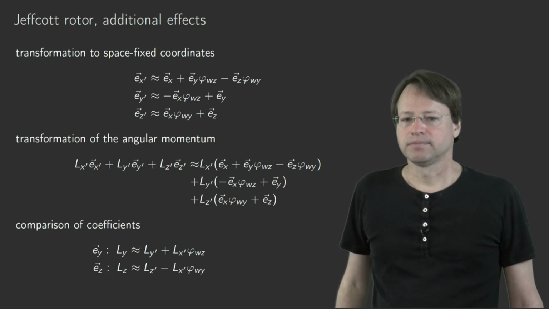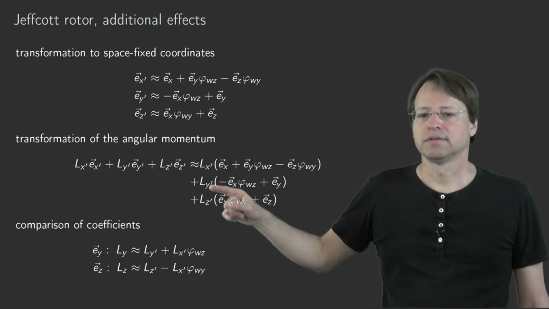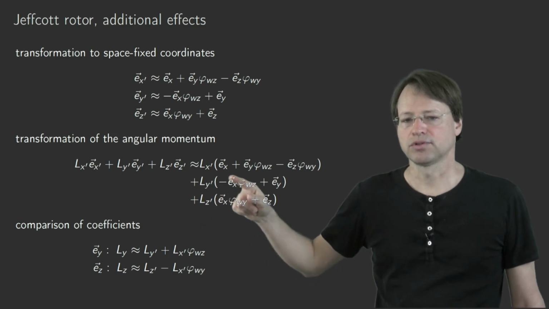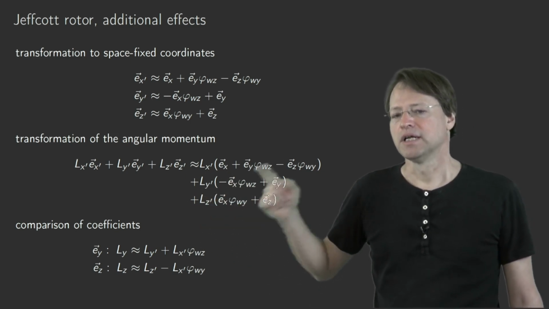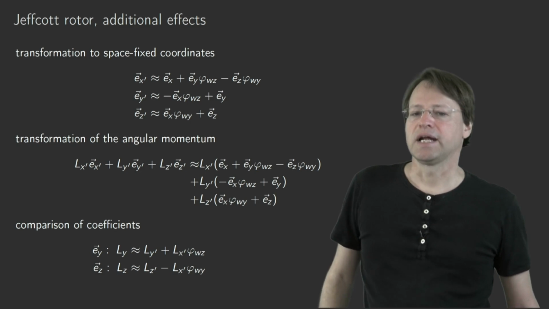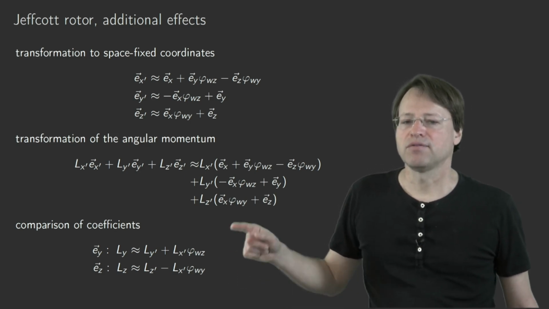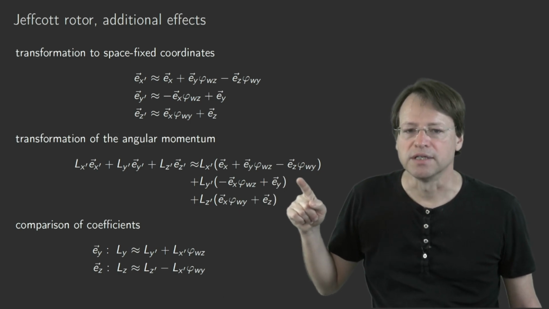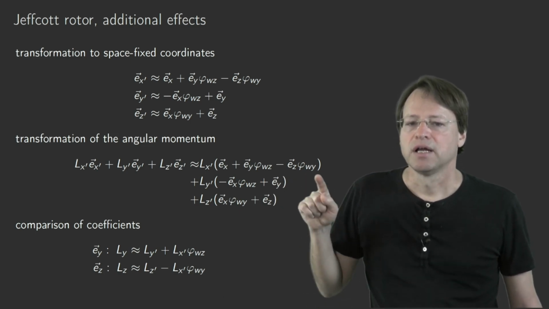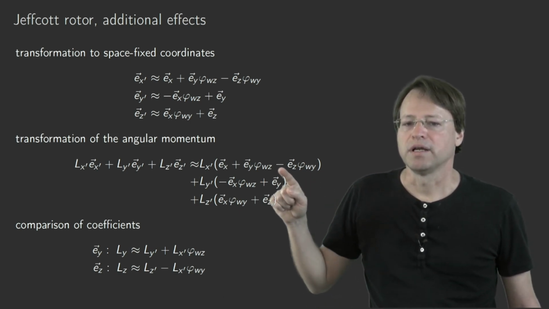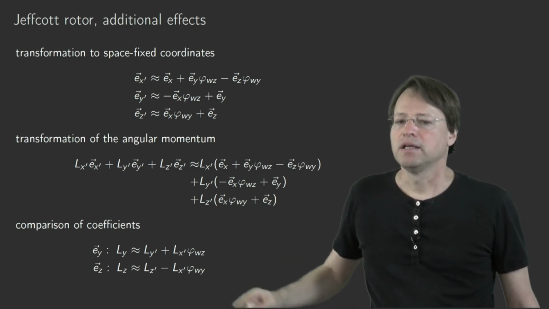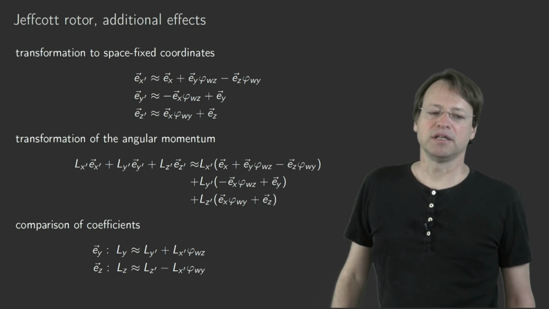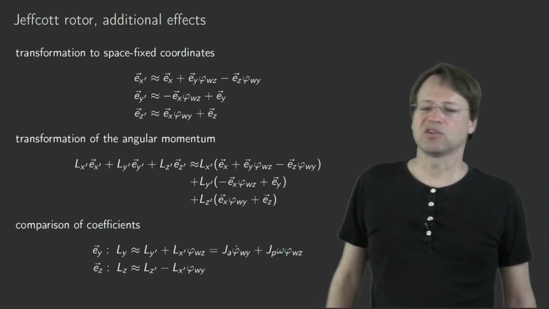For ez, we have Lz being equal to the first, largest contribution, which will certainly be Lz prime. And then we have another contribution coming from Lx prime phi wy with a negative sign.